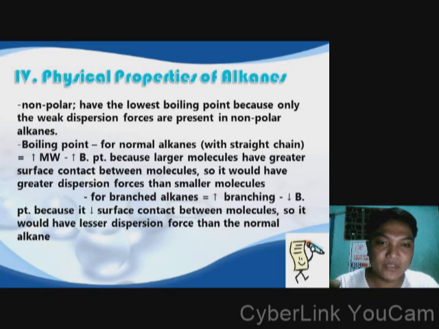For example, your 2-methylpentane. Okay? 2-methylpentane has only one branch. That is your methyl. Compare mo sa 2,2-dimethylbutane. So, ilan?